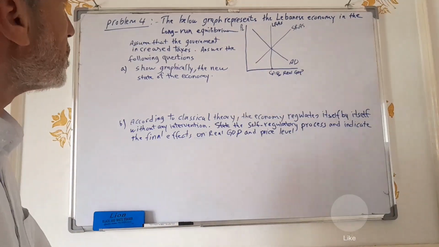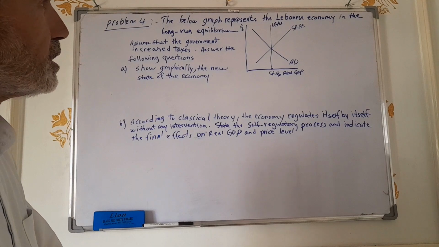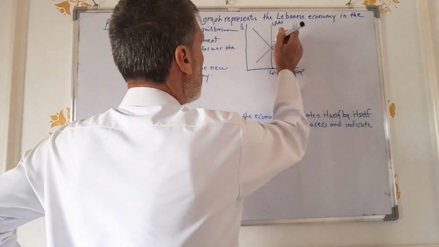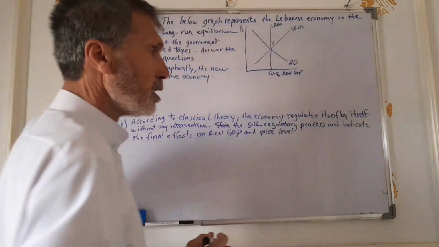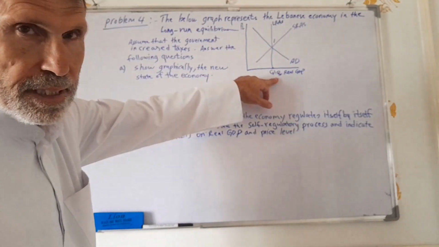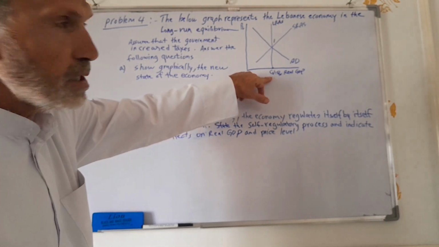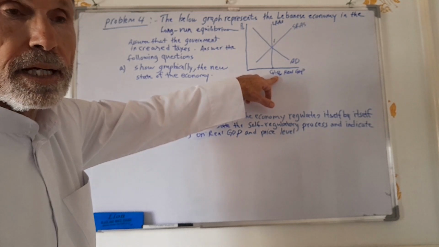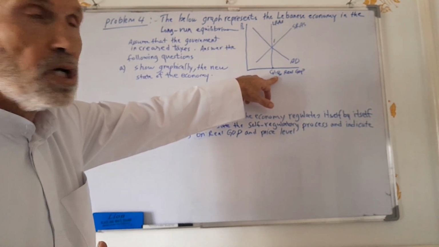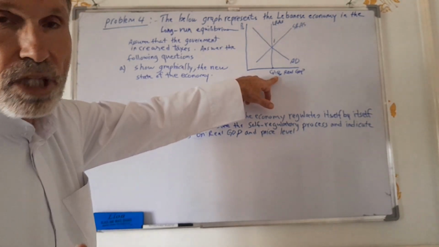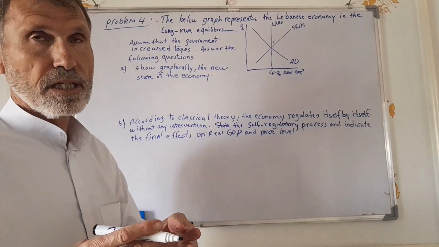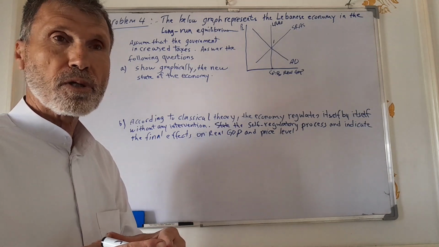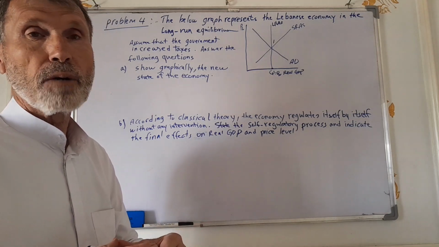Now we have this question. The below graph represents the Lebanese economy in the long run equilibrium, where Q is equal to QM. The level of the short-term equilibrium is equal to the full employment output, or natural GDP, or potential GDP. When we say natural GDP, we also mean the full employment output, and the potential output.